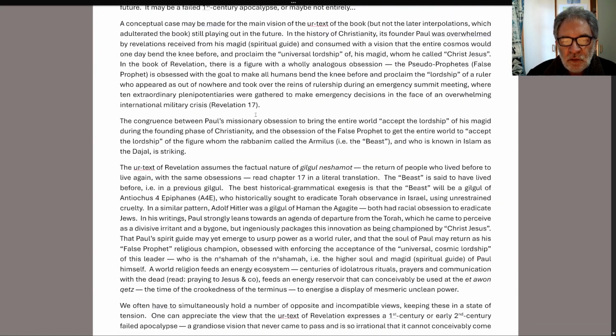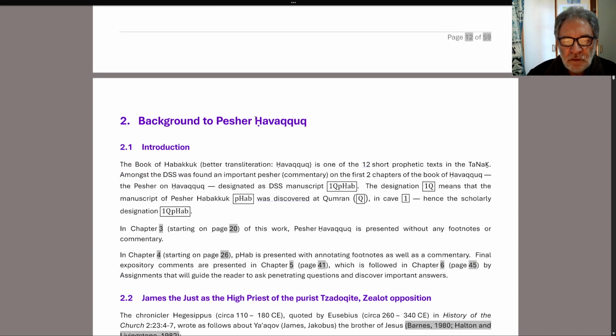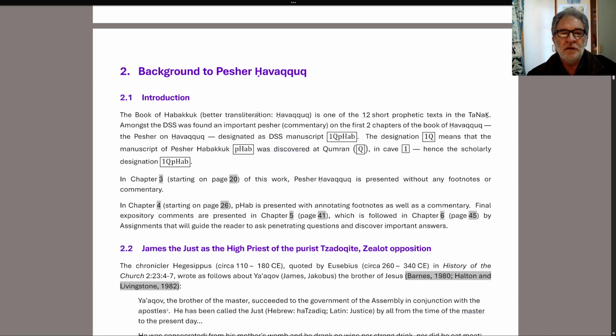Okay, so let's go to the background to the Pesher Habakkuk. We've talked about the Pesher Habakkuk being found in Cave 1 at Qumran, and what we are going to start with is to be able to understand the Pesher.